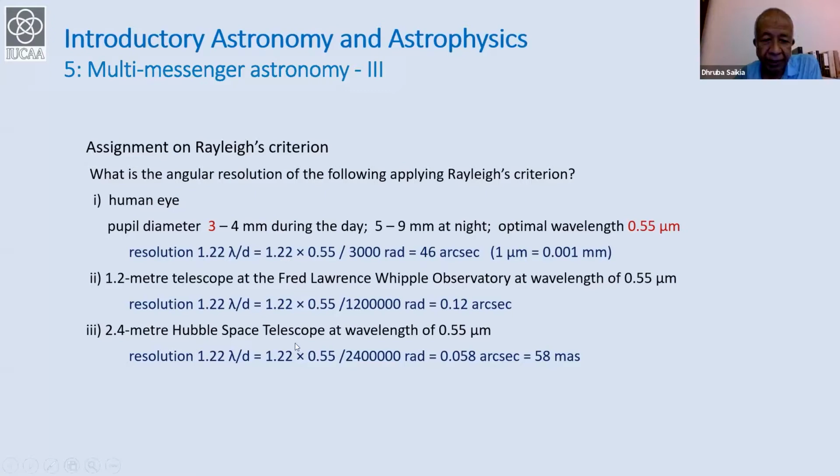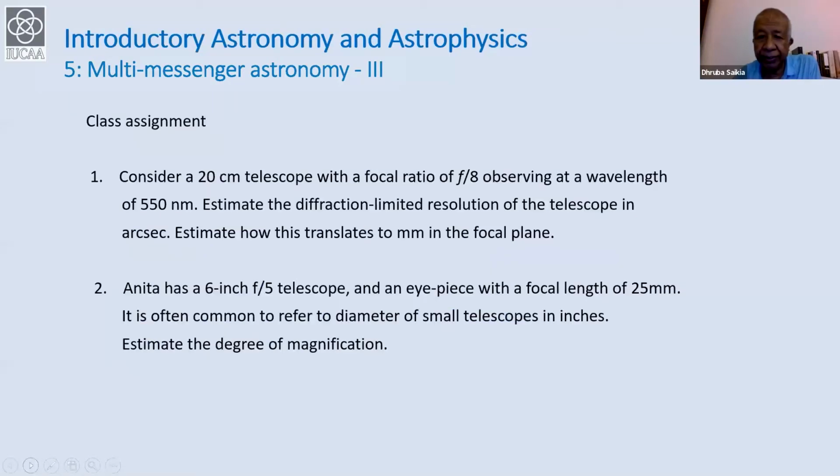Whereas with the Hubble Space Telescope, you would get the diffraction limited resolution as long as your optics is okay. Remember, in HST also there was some problem with the optics initially, and there was a mission to correct that. The angular resolution of the Hubble Space Telescope, which is not affected by the atmosphere, would be close to the diffraction limit, which you get by applying Rayleigh's criterion for resolution.